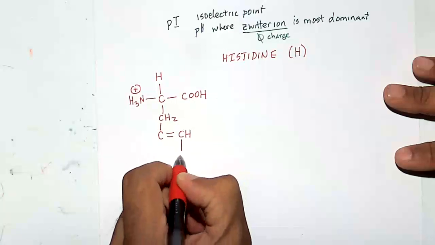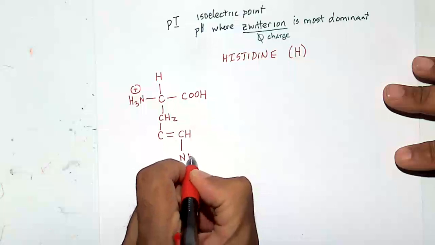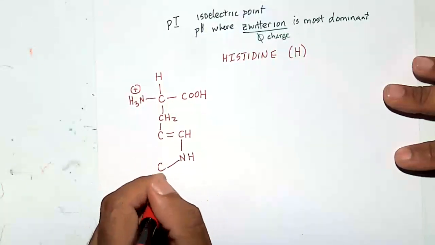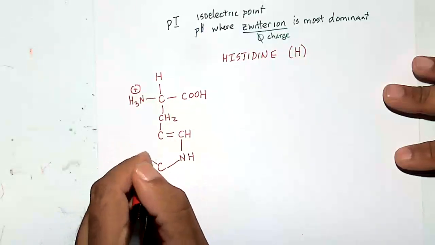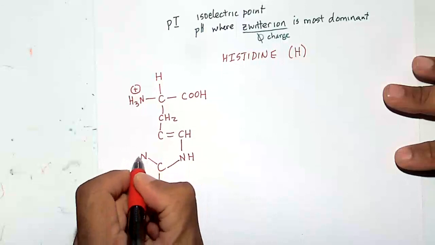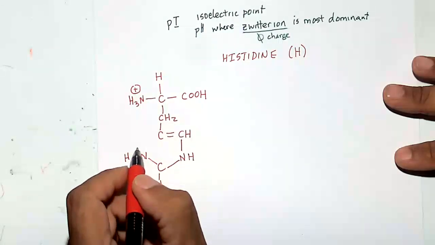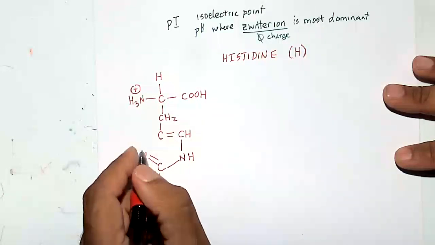It has this complicated ring structure. We have a nitrogen here that's bound to an H. We have a carbon here that's bound to an H. And we have a nitrogen here that's bound to an H. And we have a double bond, so that CN is a double bond.